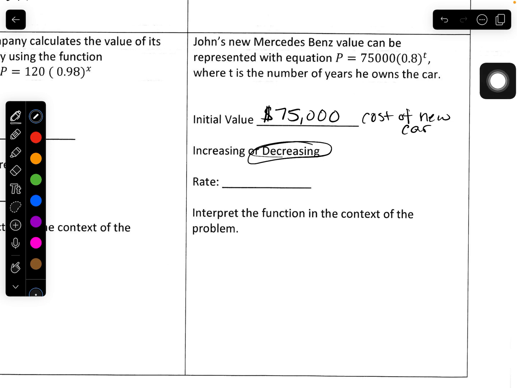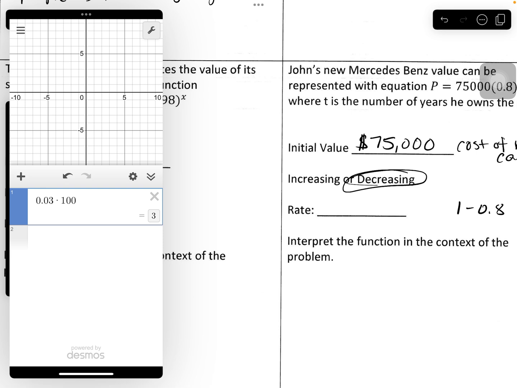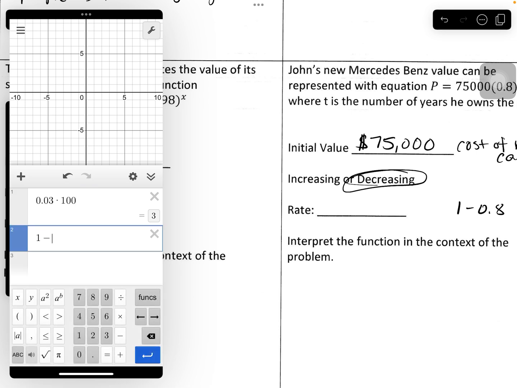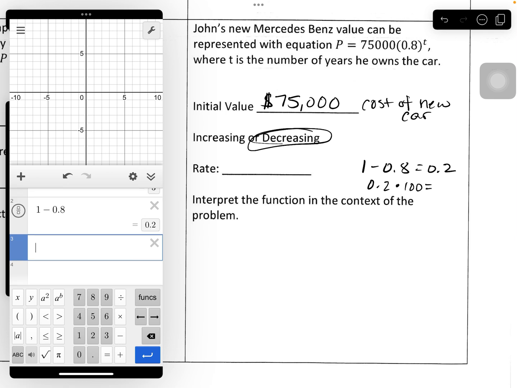So we're going to do 1 minus 0.8, and we get 0.2. And then we're going to take that 0.2 and multiply by 100 to see that our rate here is 20%.